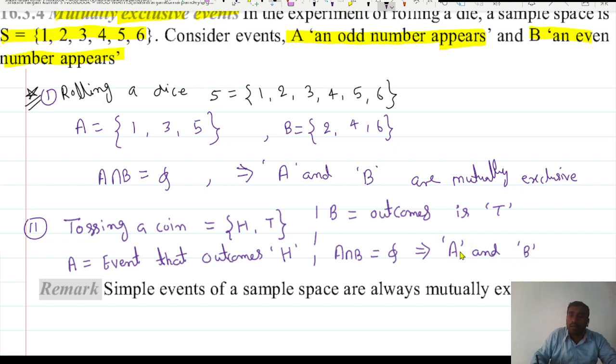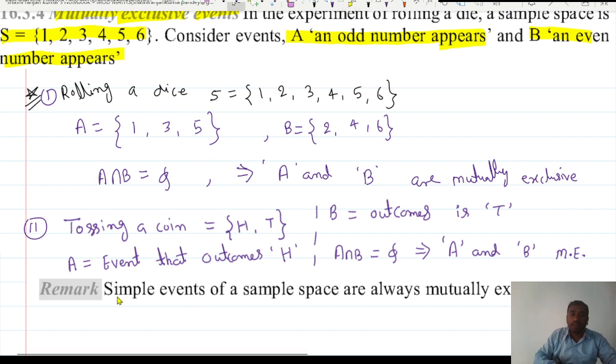So what I am writing here is mutually exclusive, M for mutually and E for exclusive. One important point to note: simple events are always mutually exclusive, because in a simple event only one element is there. If you take different simple events, you take another sample point, so there will be nothing common between them.